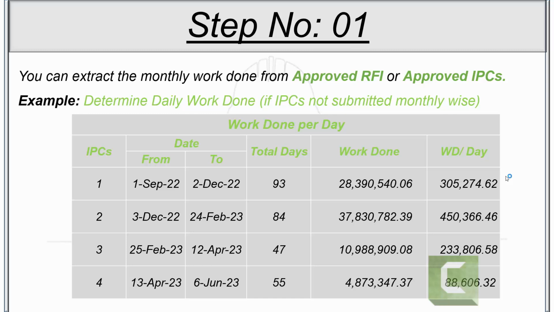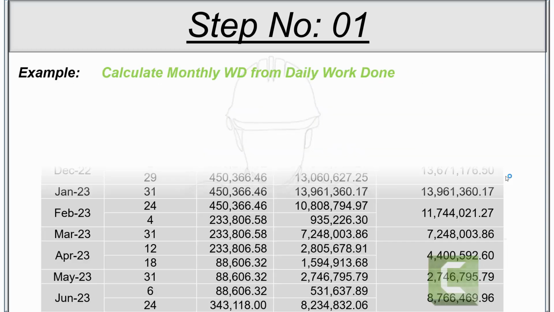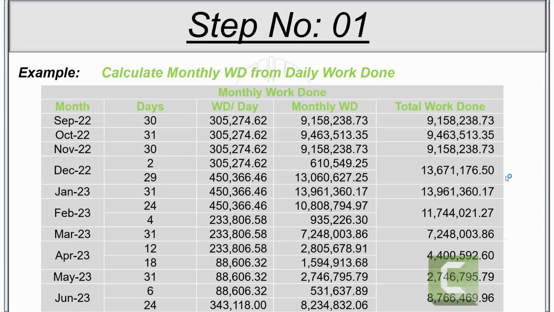and the total amount of that IPC is 28.39 million dollars. So our burden per day is about $305,274 per day. If we multiply burden per day by total days, we will find the total burden in that month.